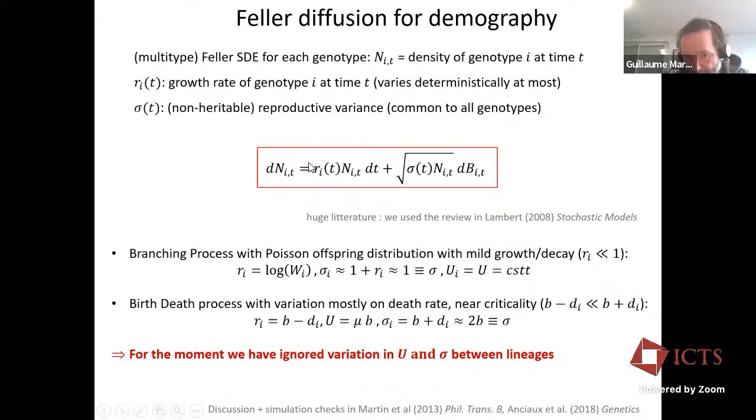And by saying it's a deterministic function of time, we're saying that the population evolves with the mean fitness that is given by the infinite population theory, and that the demography is still stochastic, but with a mean fitness that is fixed.